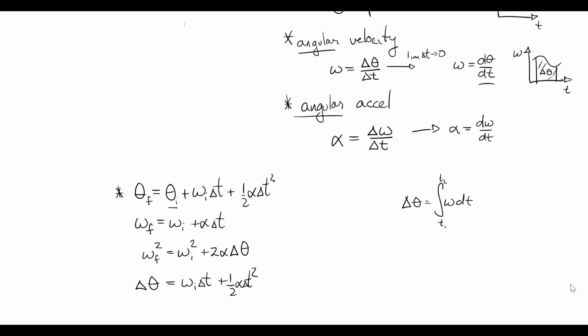But the point is, we have the three kinematic equations for constant acceleration, and now we have the angular versions of those, where they're the exact same. You just have to put angular in front of all those descriptions and acknowledge this isn't going to be in meters. It's going to be in degrees, or more appropriately, radians. The angular velocity isn't going to be in meters per second. It's going to be in radians per second, or revolutions per minute, or some change in angle over a change in time.